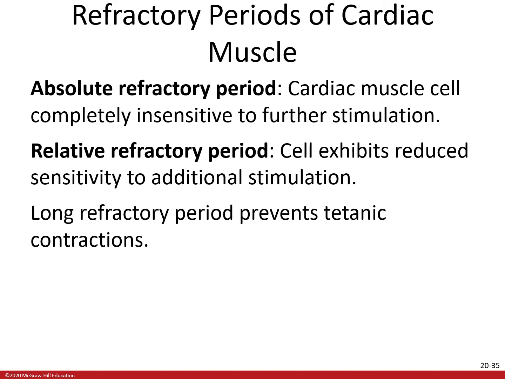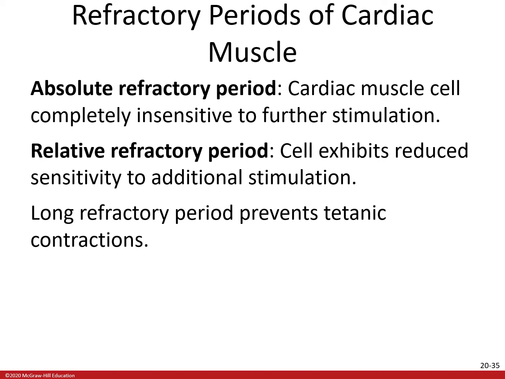Cardiac muscle, like skeletal muscle, which I know we've been talking about a lot, but it's nice to go back and re-talk about the things that you've already potentially talked about, has refractory periods associated with its action potentials. The refractory period can be subdivided into the absolute refractory period and the relative refractory period.